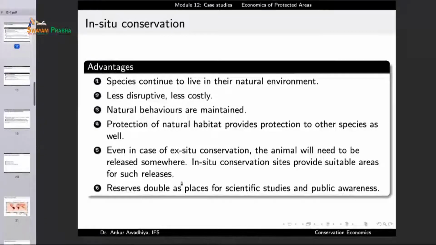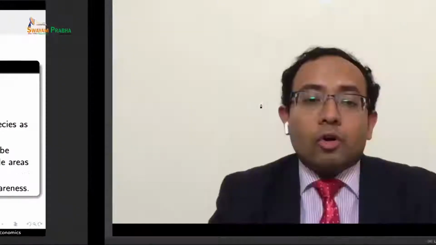It provides several distinctive advantages. The species continue to live in their natural environment, which means that the natural behaviors are maintained in these areas. Then this is less disruptive and more importantly, it is less costly because the only cost that is involved is doing a legislation to designate these areas as protected areas and probably do a bit of protection, a bit of habitat management.